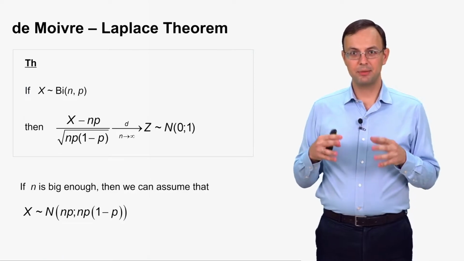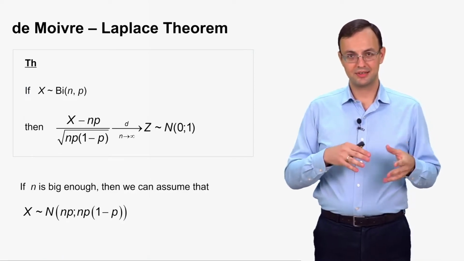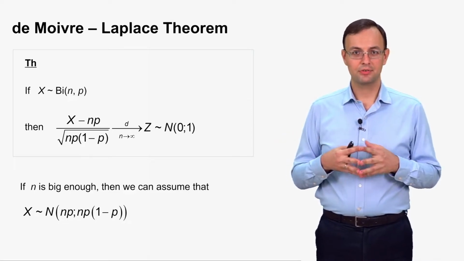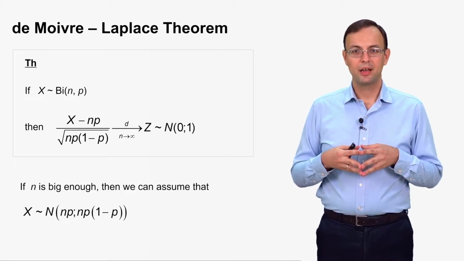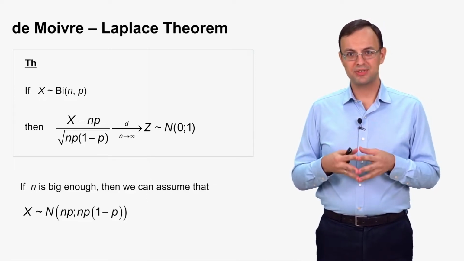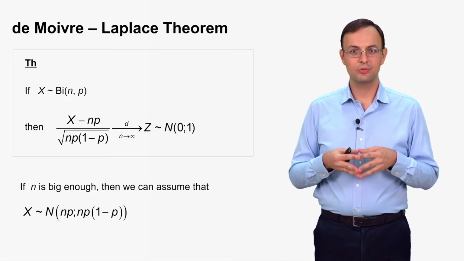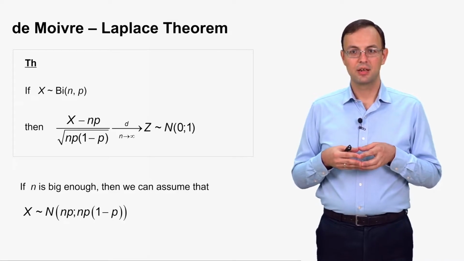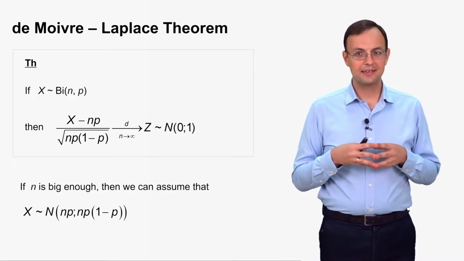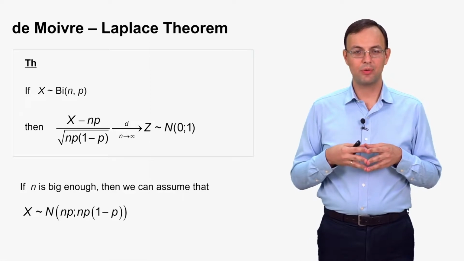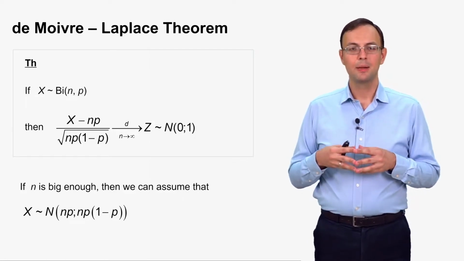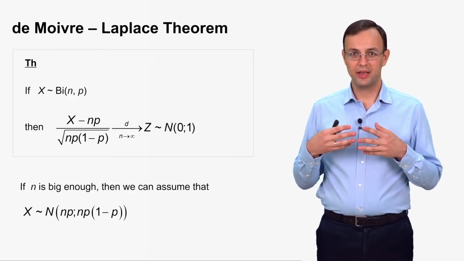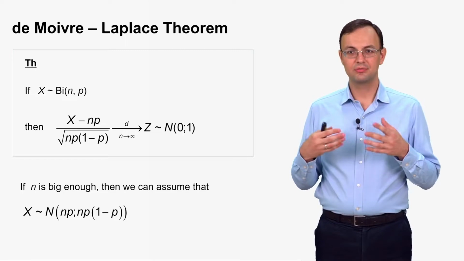There is a very important consequence of the CLT that is usually called the de Moivre-Laplace theorem, after two French mathematicians. This theorem states that if X follows a binomial distribution with parameters n and p, then the random variable (X minus np) divided by the square root of n times p times (1 minus p) converges in distribution to a normally distributed random variable.